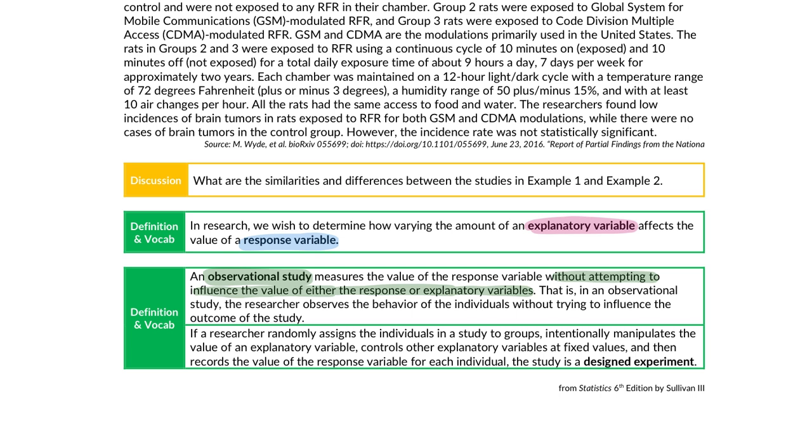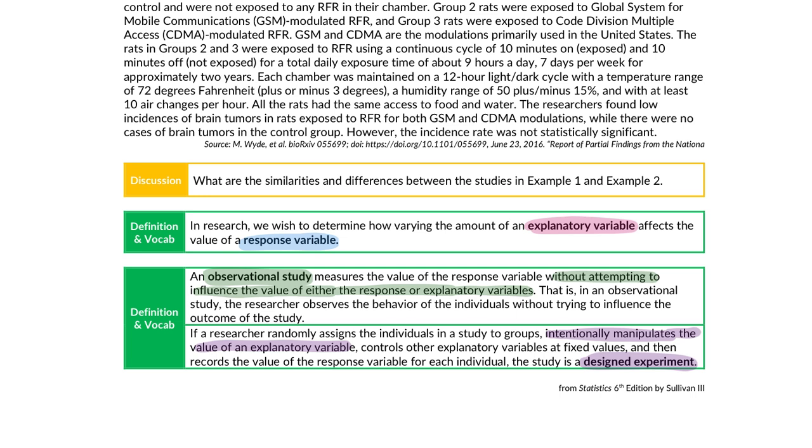On the other hand, if the researcher randomly assigns the individuals in a study to groups and intentionally manipulates the value of an explanatory variable, controls other explanatory variables, and then records the value of the response variable, that's called a designed experiment. Those are the two categories of studies that you'll see in statistical methods.